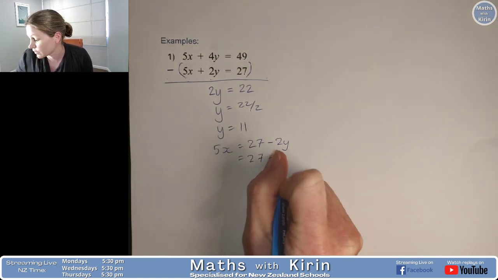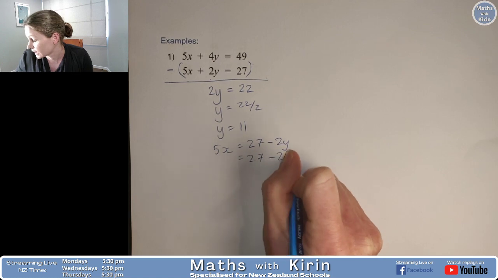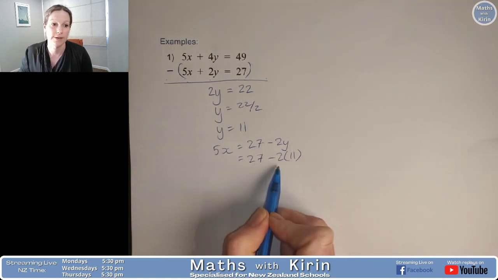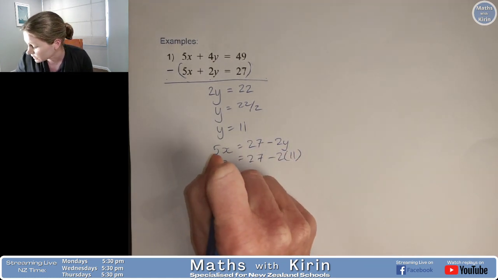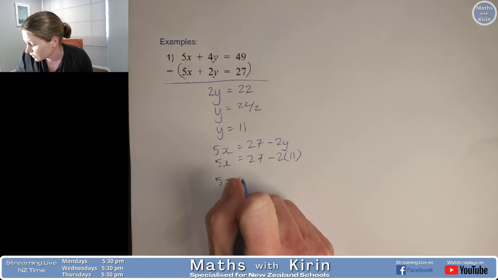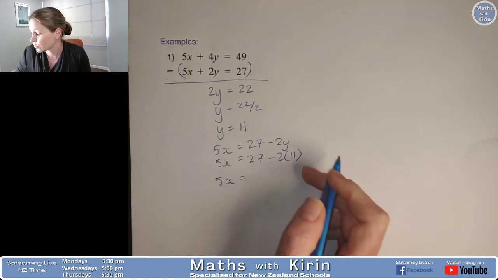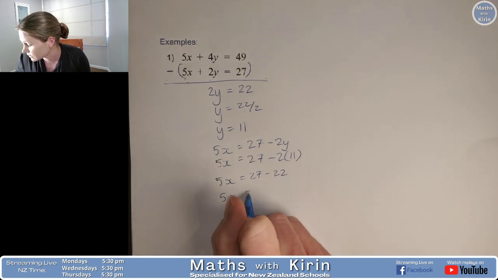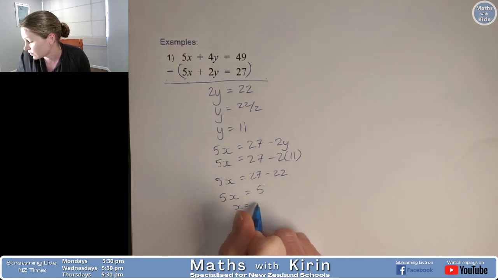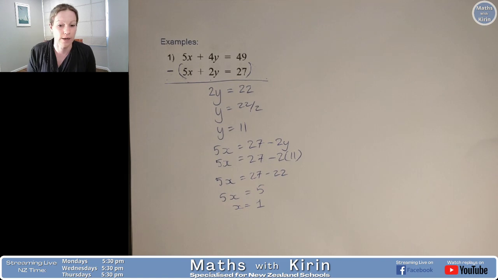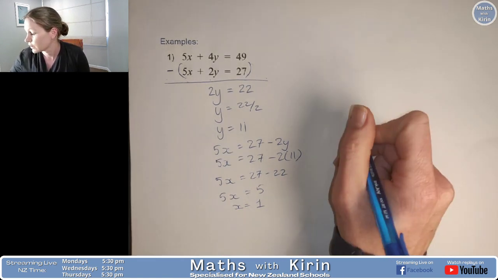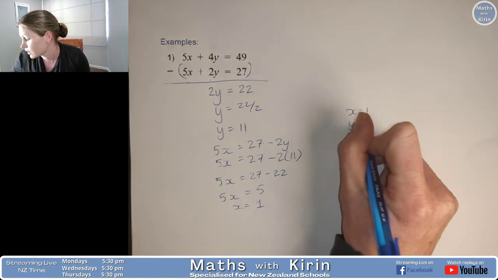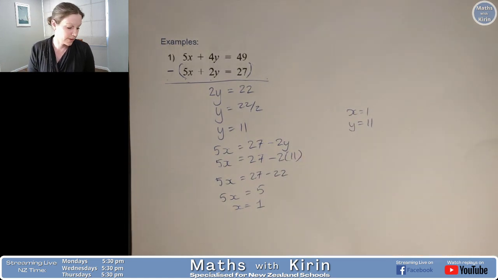And we know that y is 11, so 27 minus 2 times 11 is the same as 5x, which means 2 times 11 is 22, so 5x is 27 minus 22, so 5x is equal to 5, which means x is equal to 1. So we've got 2 solutions, x is equal to 1, and y is equal to 11.